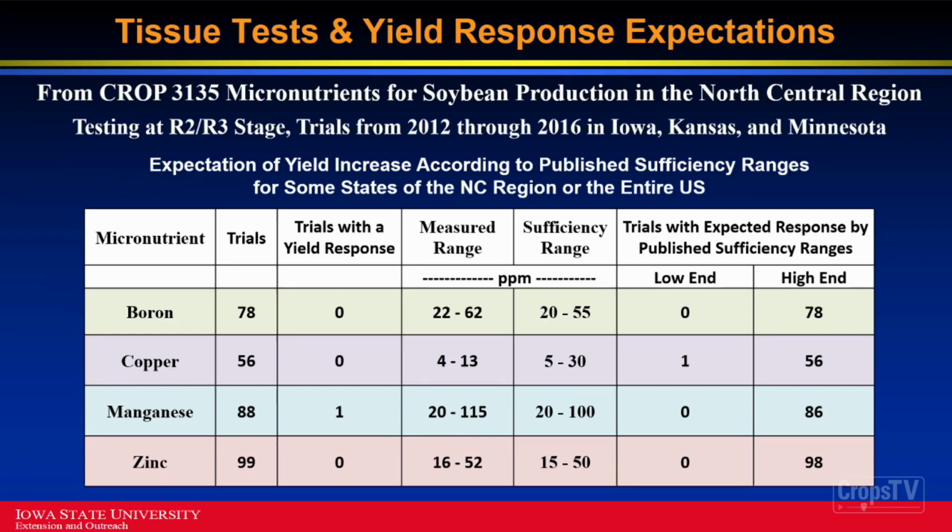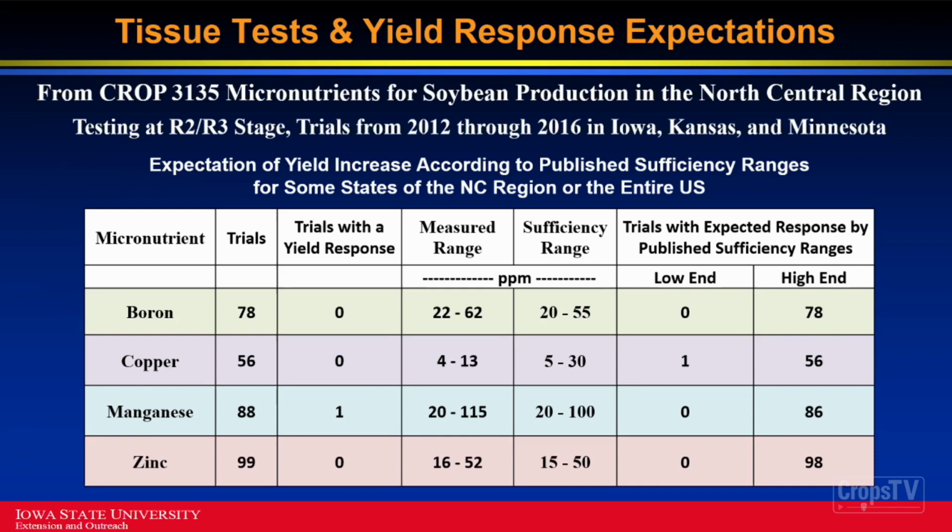Okay, remember, this is soybean. Okay. Then these are the trials that we found a yield response. There was 0 for boron, 0 for copper, 1, there was a response to manganese, and then zinc, 0. Okay. This is data from all the states.